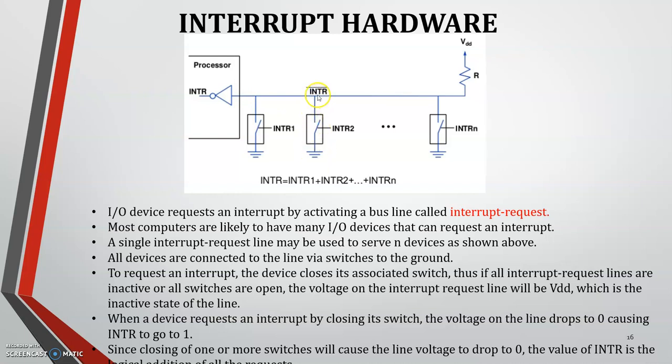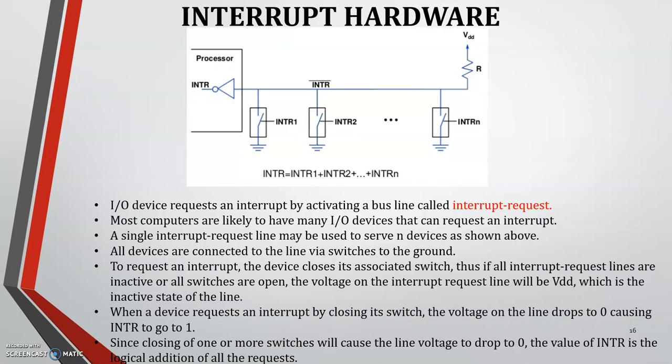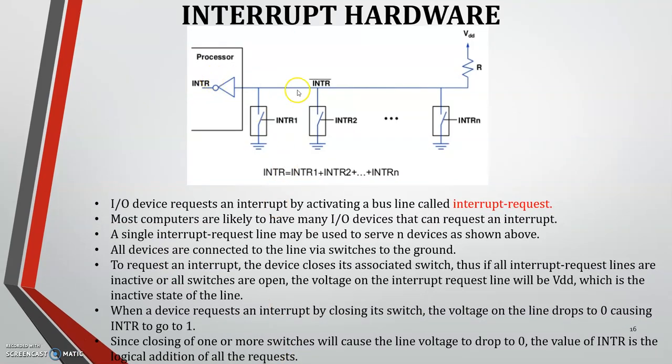So the value of INTR bar will be 0 and INTR will be 1. So the processor will get an interrupt request, and we are notified that an interrupt is requested by one of the devices.